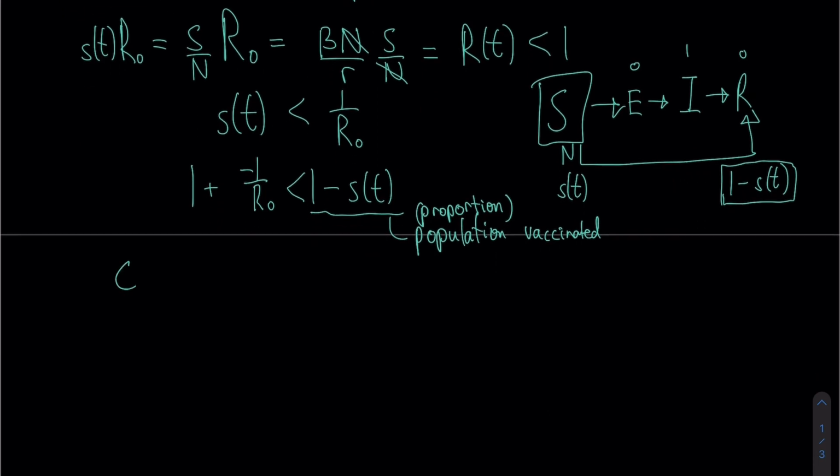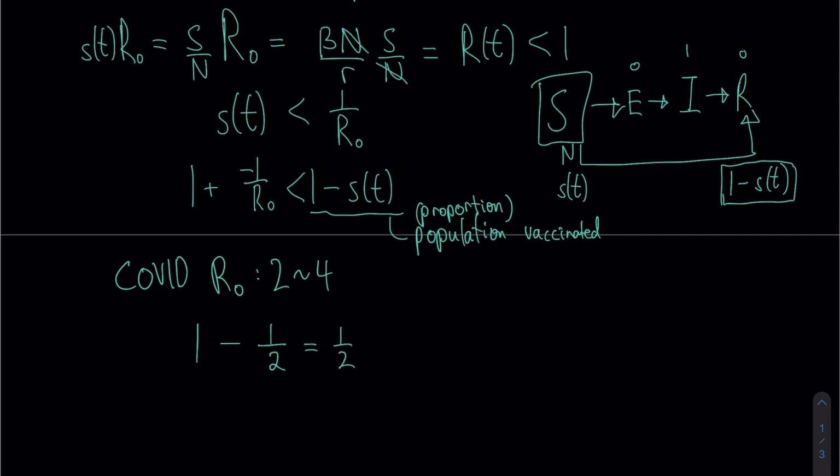So for COVID, R0 is estimated to be around 2 to 4. Then we'll have 1 minus 1 over 2. That's around 1/2, right? We need around half of the population being vaccinated.